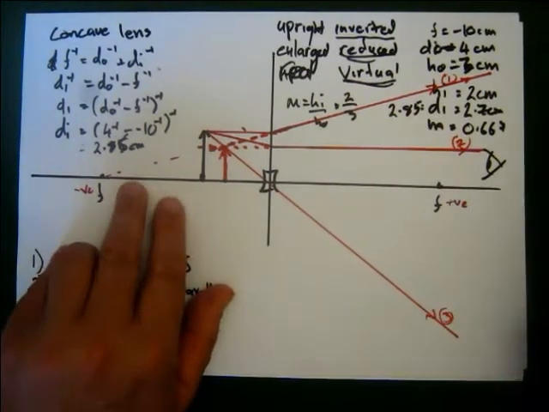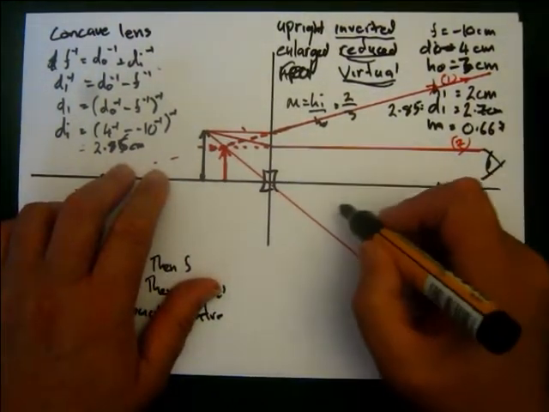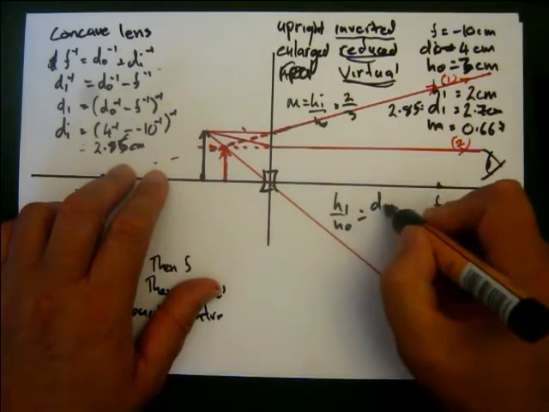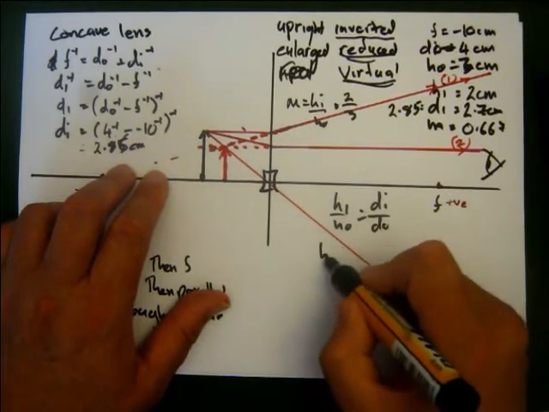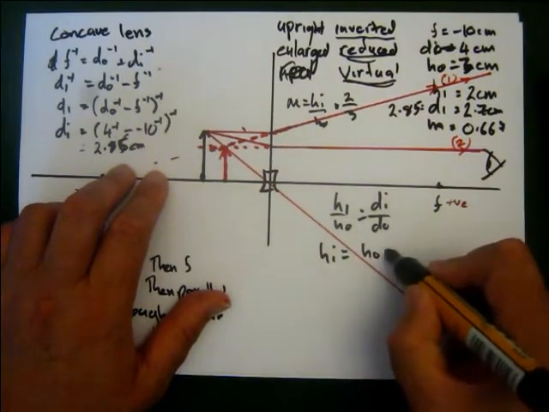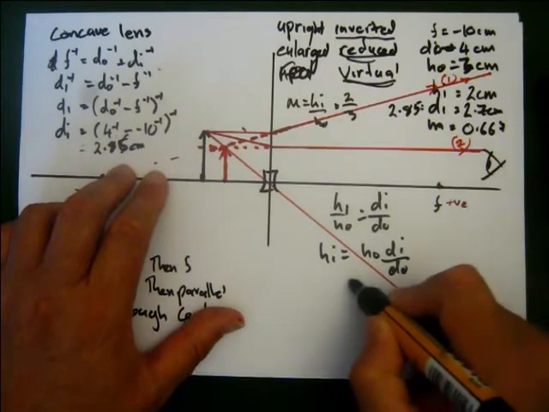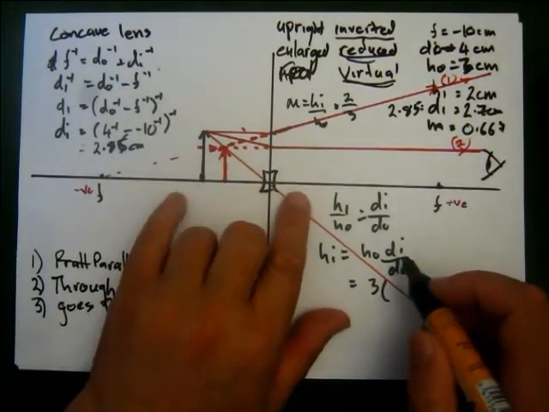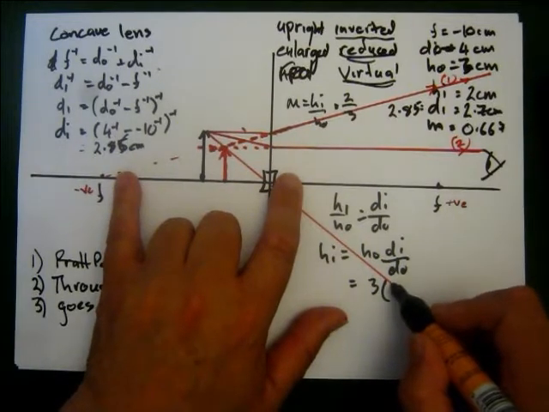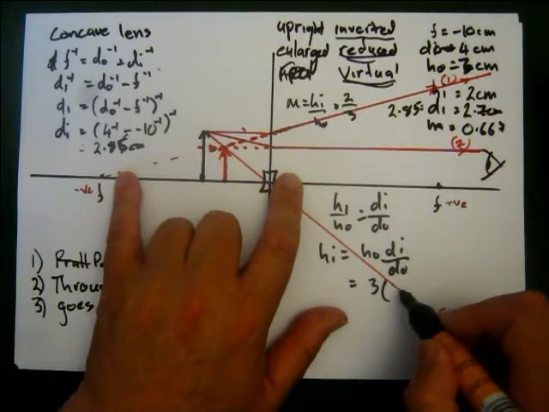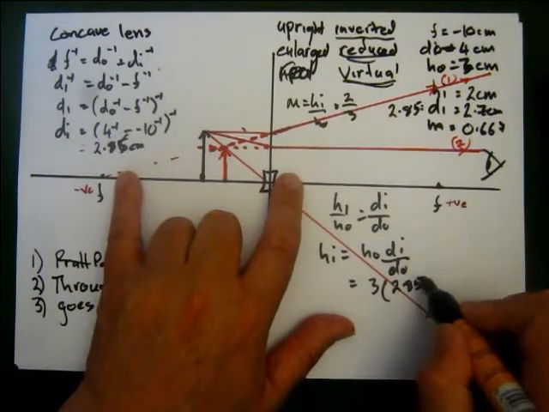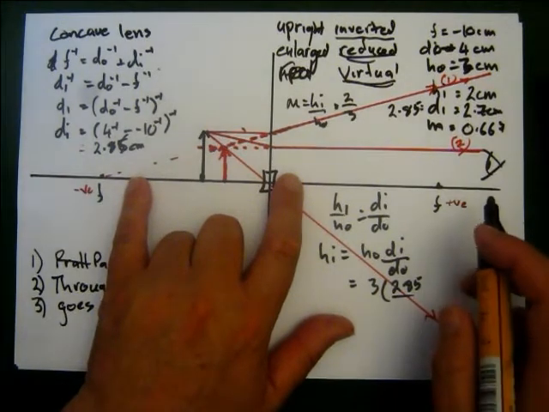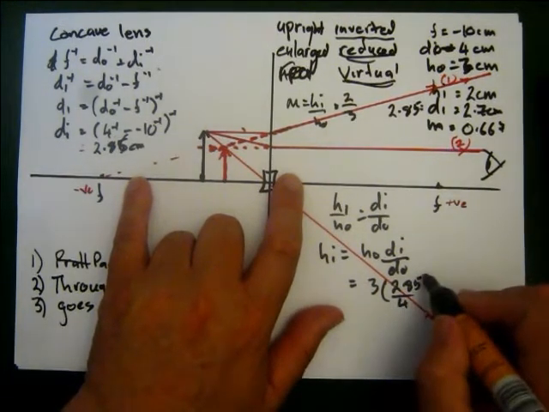The height of the image, remember, height image over height object equals distance image over distance object. Therefore, the height of the image equals HO times DI over DO, HO is 3 times DI, which is 2.85, divided by DO, which is 4.